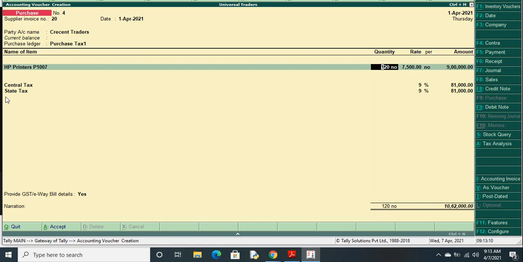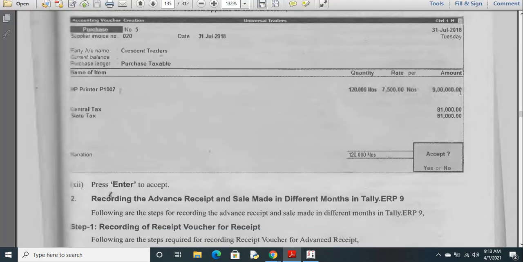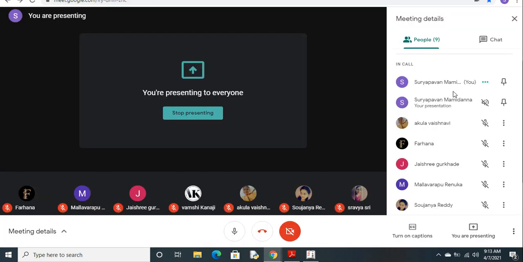So central tax, state tax, total 81,000. So this purchase voucher is done.